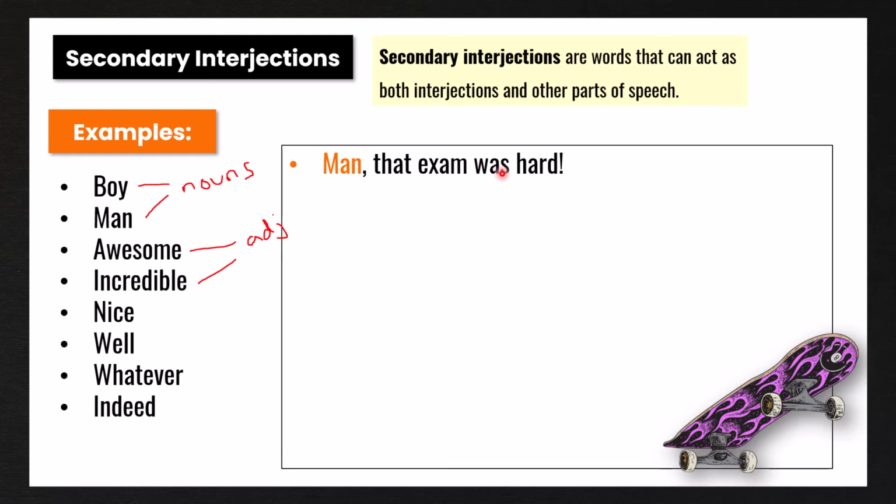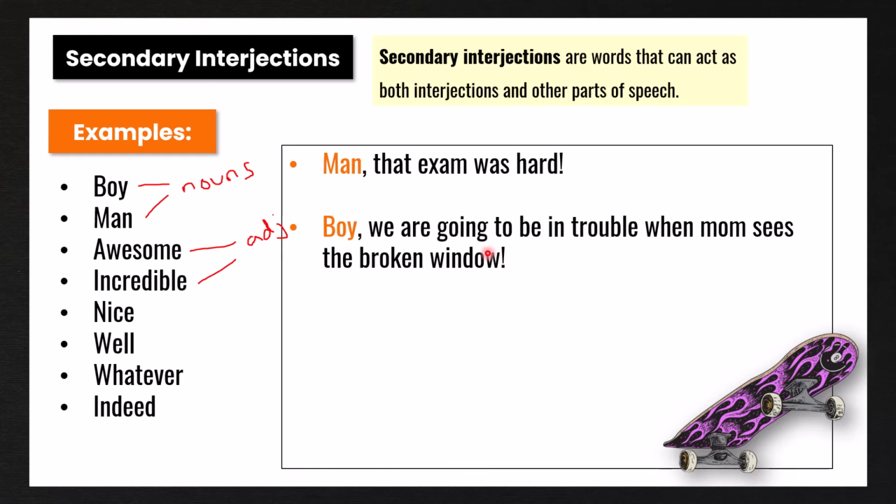In this sentence, I am not talking to a man necessarily, and I'm not trying to speak directly to him by saying man instead of his name. I am placing emphasis. It's an expression that we use to emphasize how hard the exam was. Instead of saying that exam was so hard, we say, man, that exam was hard.